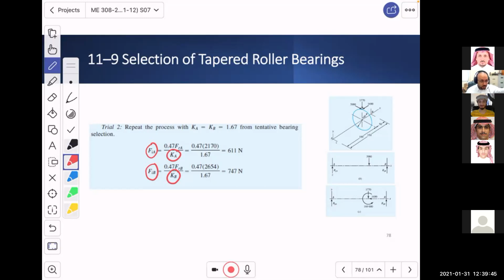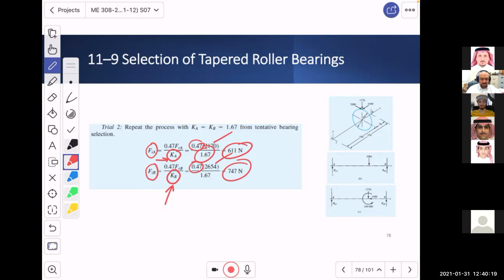If you were not asked to do that, then you would have different values for KA and KB. But since they are the same, this will ease up the calculation, 1.67, 1.67. Now recall that the radial forces will not change. Those come from the external loads. What you have here is 0.47 multiplied by the radial loads divided by 1.67, and here you get the new induced loading.